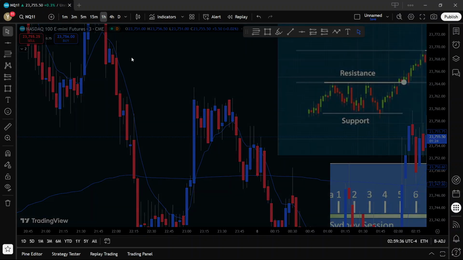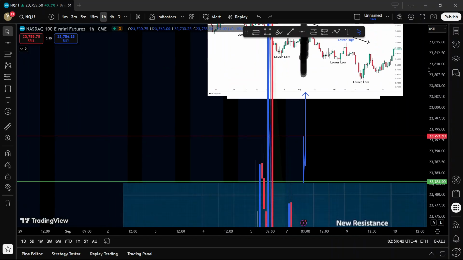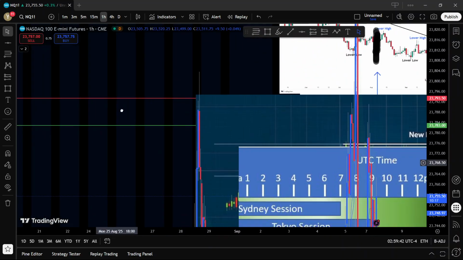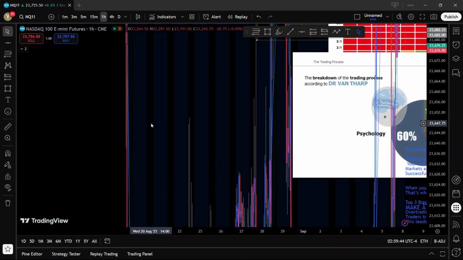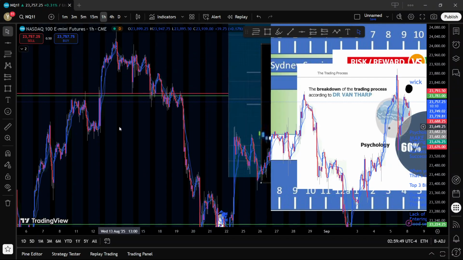Because when you start going to hourly, it changes everything, because these candles take a whole hour to form, and you see they're much larger.